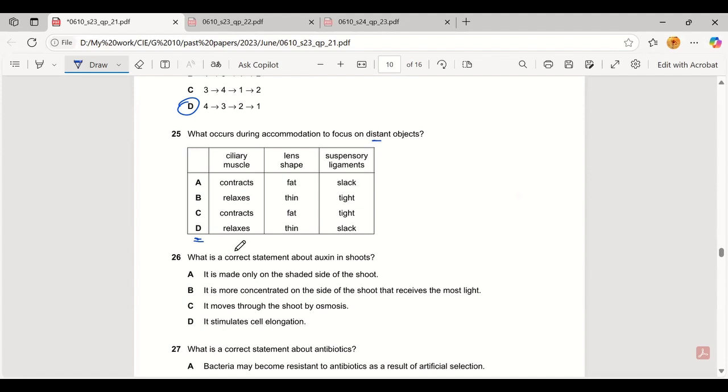D. I think, I mean, how can the lens be thin and longer when the suspensory ligament slackens or tightens? It tightens. It tightens, so B and not D.